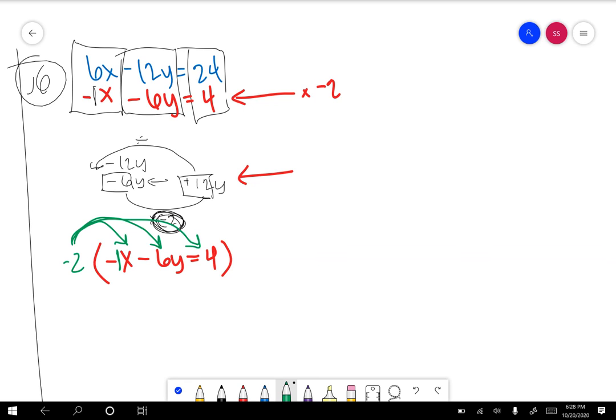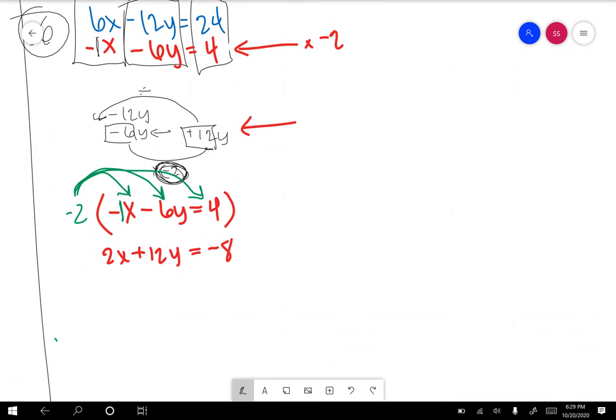Negative 2 times a negative 1 would give us a positive 2. Negative times the negative is positive. Then we have negative 2 times negative 6y. Well, negative 2 times negative 6 would be positive 12y. And then negative 2 times 4 will give us a negative 8.